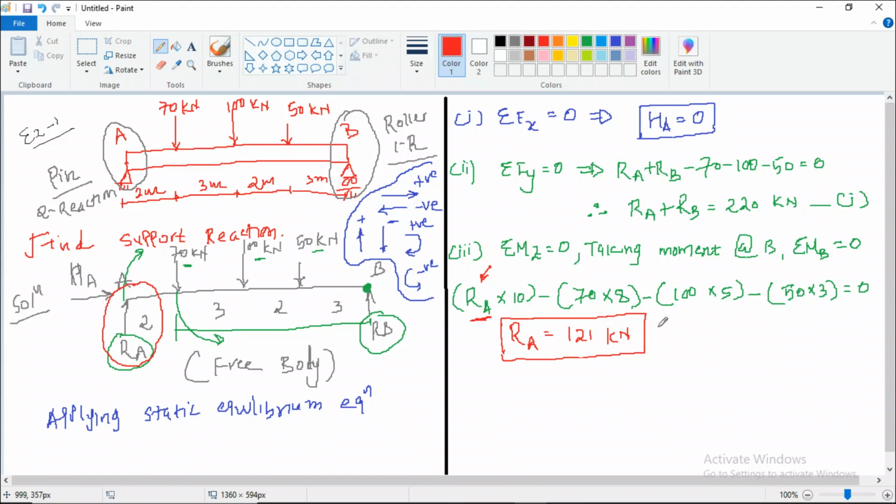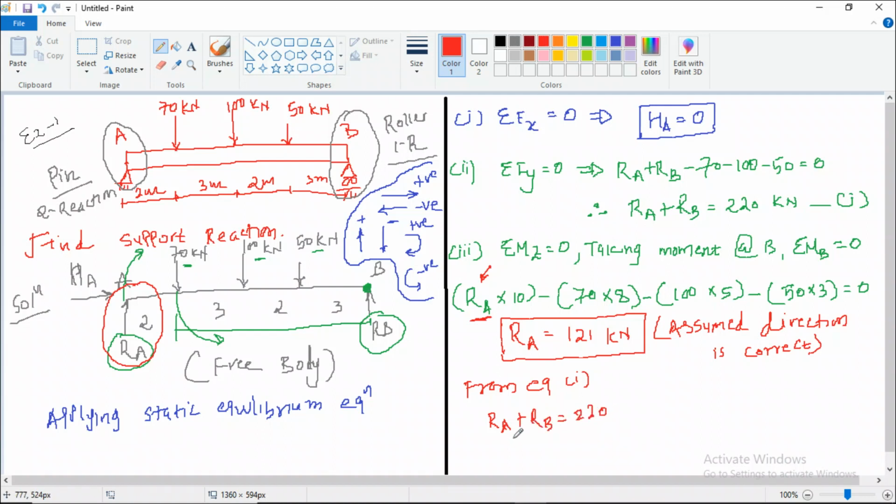So you can write that the assumed direction is correct. If this answer comes out to be negative, then we need to change this direction to downward. Right, now if we put this value in equation number 1, we have Ra plus Rb is equal to 220.